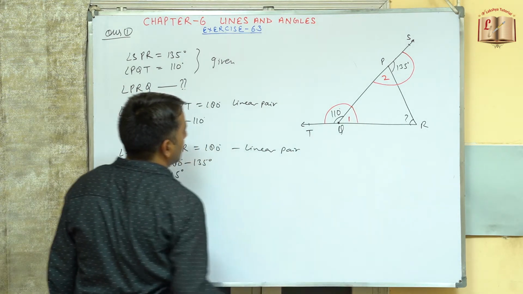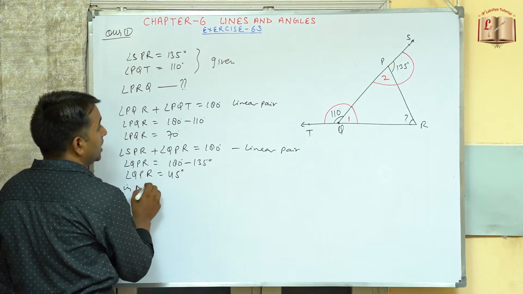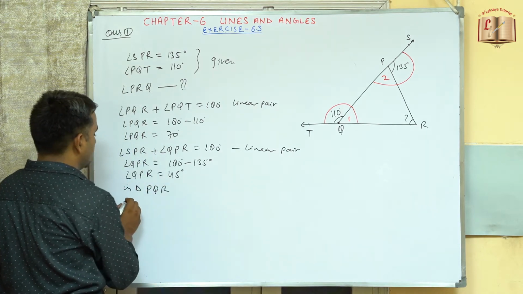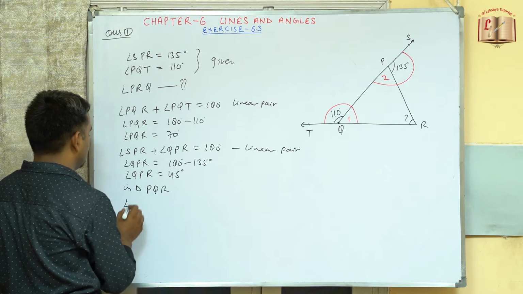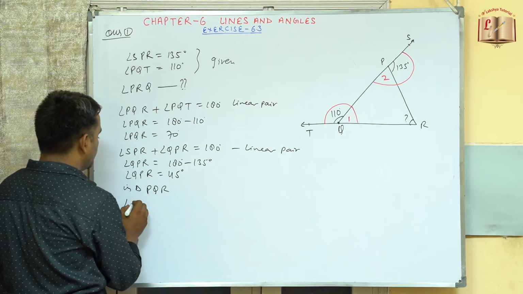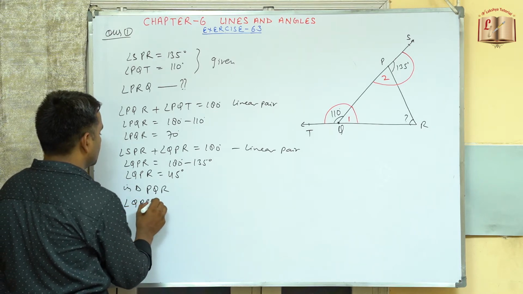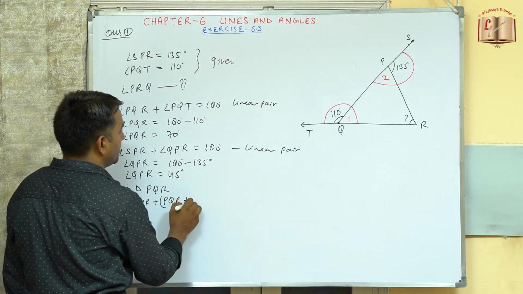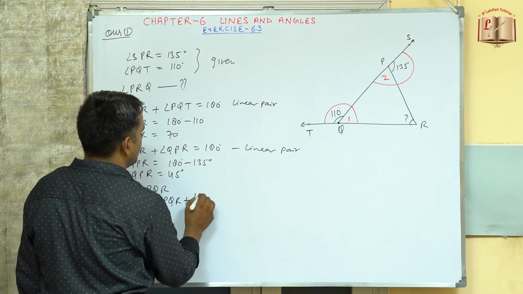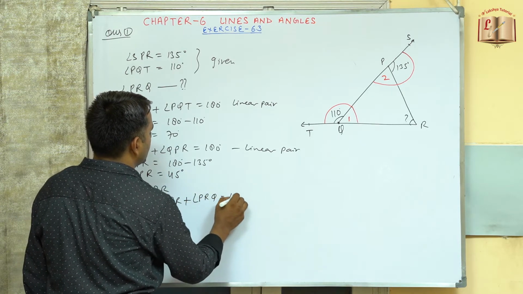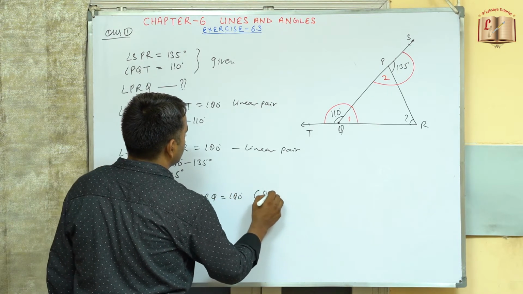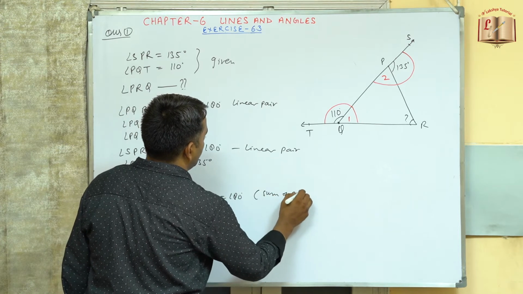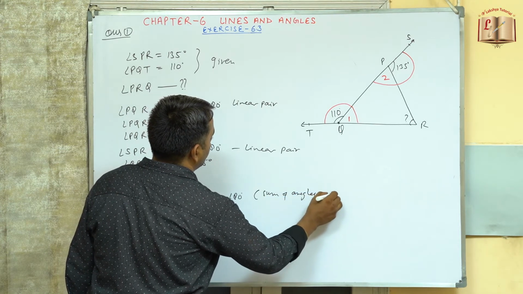Now in triangle PQR, angle QPR plus angle PQR plus angle PRQ will be equal to 180 degrees, sum of angles of a triangle.